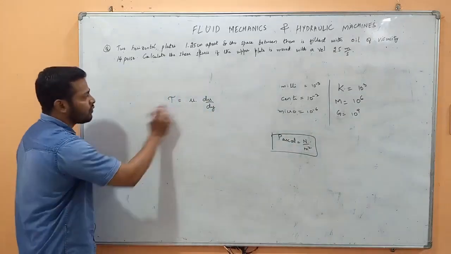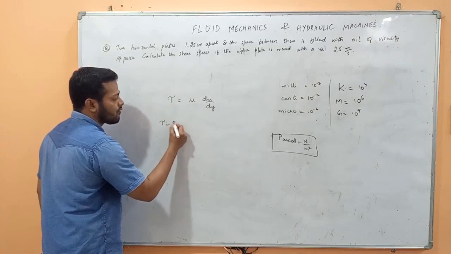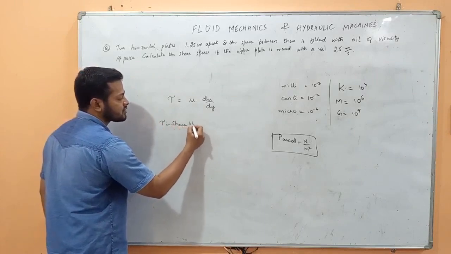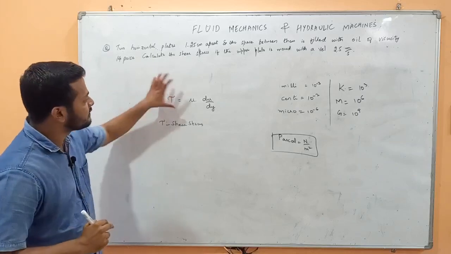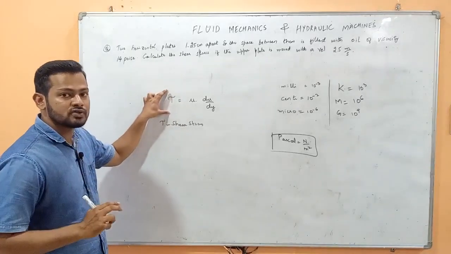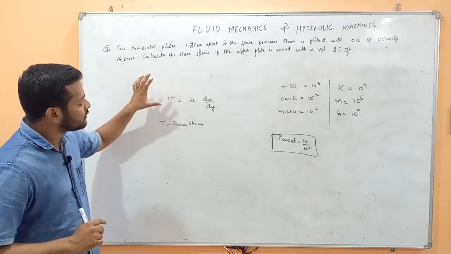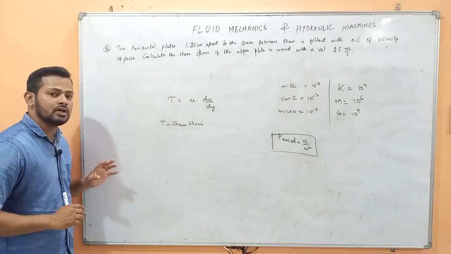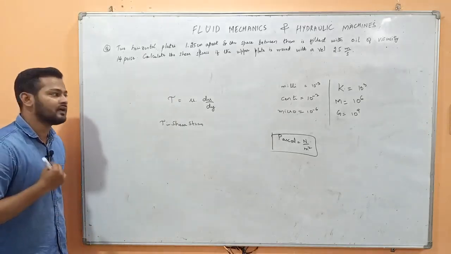First is tau, which is shear stress. There are only two types of formulas in unit 1. One is the problems based on this formula and one is the problems based on pressure measurement. If you remember these two formulas, it will be very easy for you to solve any problem from unit 1 which can be asked in the final exam.